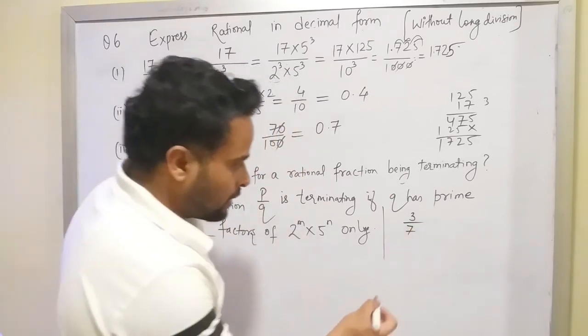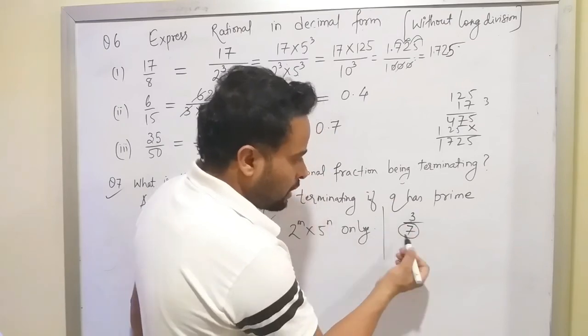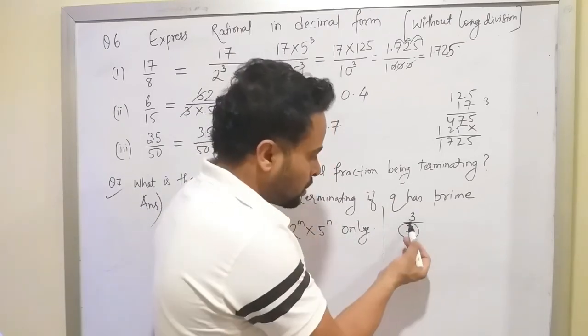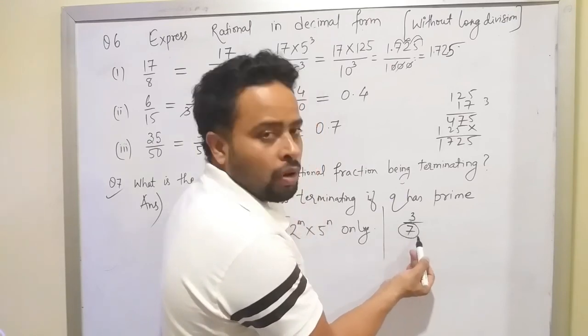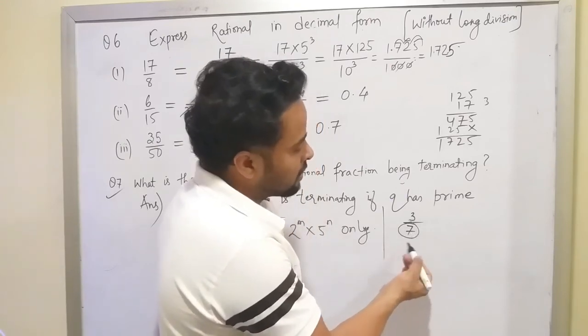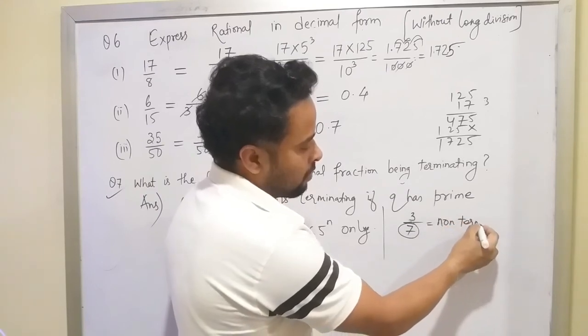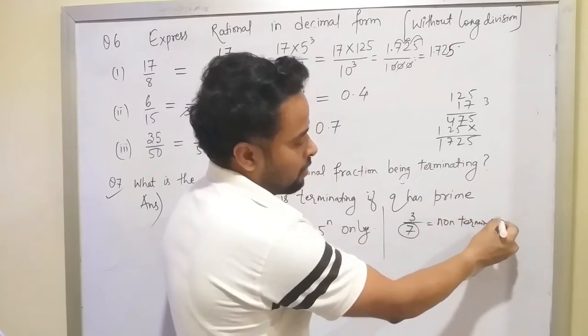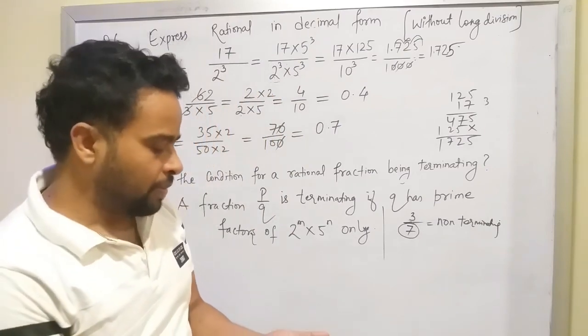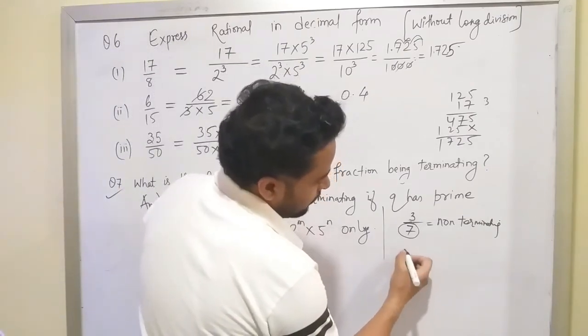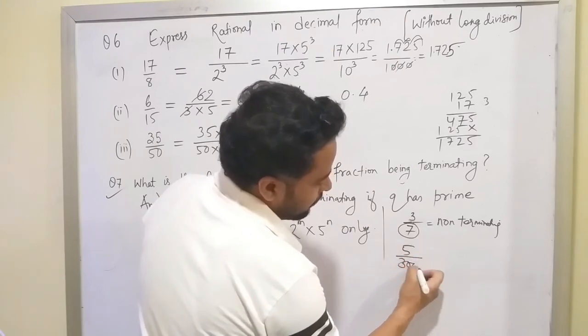One simple example, 3 by 7. This 7 is a prime number which is not 2 or 5. So this denominator does not have 2 or 5, so obviously this is non-terminating. There are various examples. Say 5 by 300.